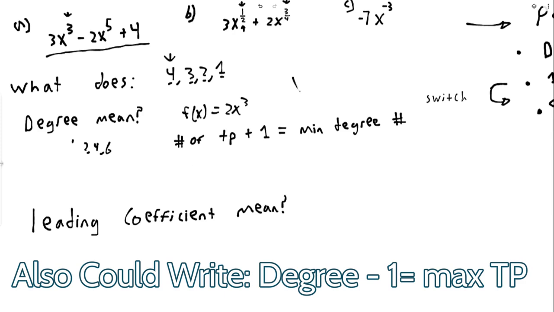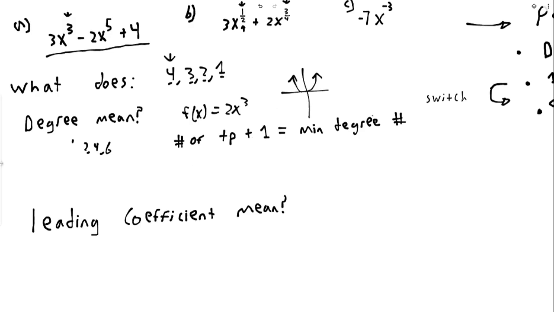And that makes sense because if you have a quadratic, for example, there's only one turning point, which means if you add 1 to that, it's degree 2, right? So that makes sense. And then another thing the degree tells you is the maximum number of x-intercepts.